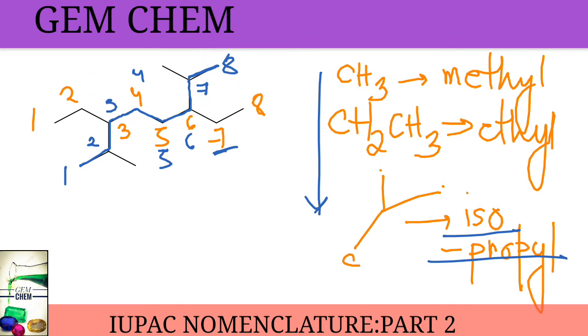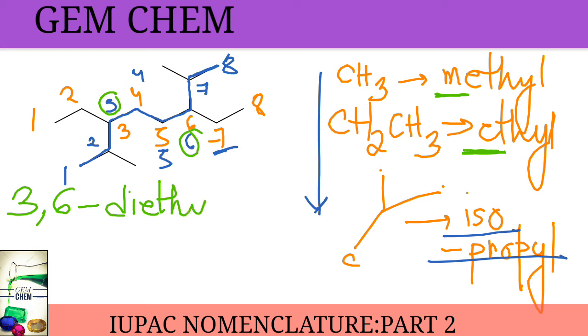So now we will do the nomenclature according to the blue line. First, ethyl gets the preference over methyl due to alphabetical order. Now let us see, the ethyls are present in position 3 and another one in position 6. So we write 3,6-diethyl, again dash, and the positions of the methyl is 2 and 4.